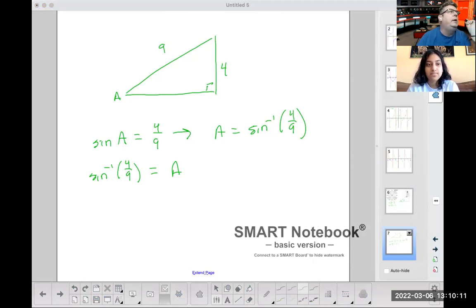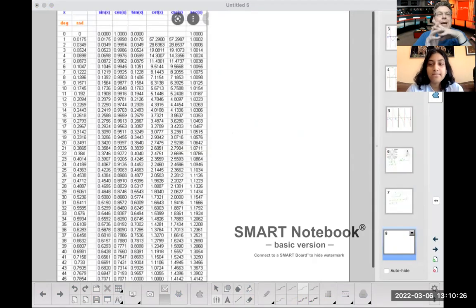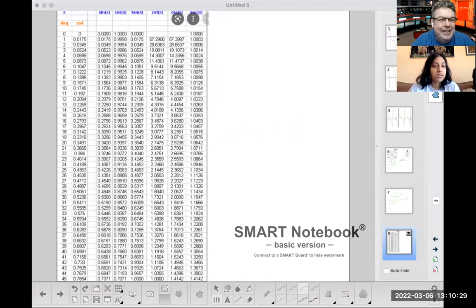Just to be the guy, and this is for your father's benefit as well, in the back of our textbooks, even when they started to have calculators, these were still there. We had these tables where the decimal ratios were listed, so we had to find the decimal.